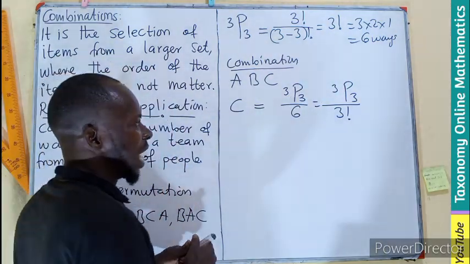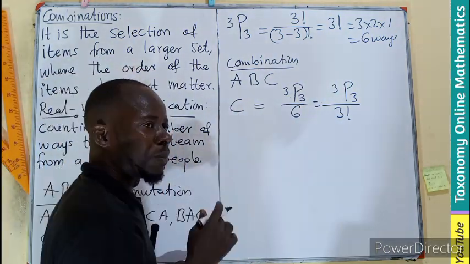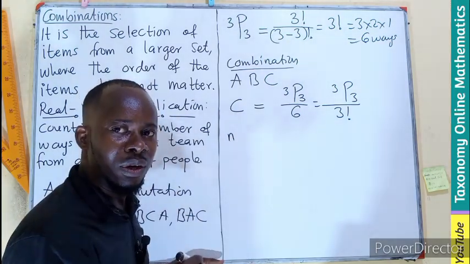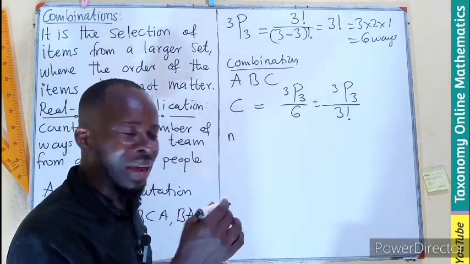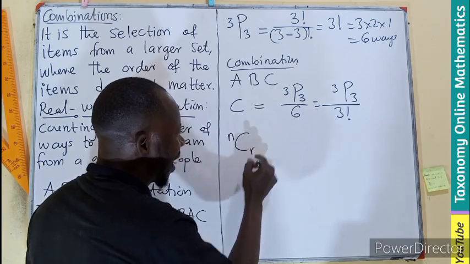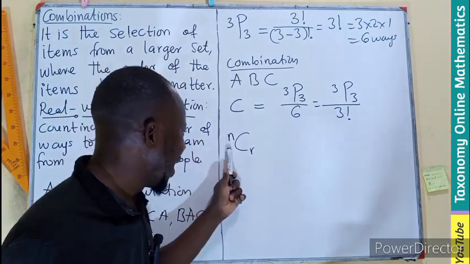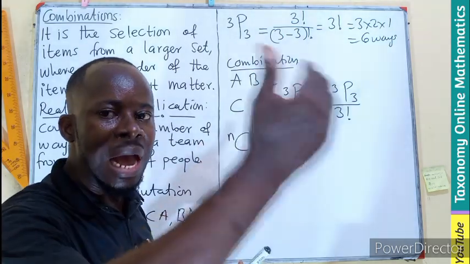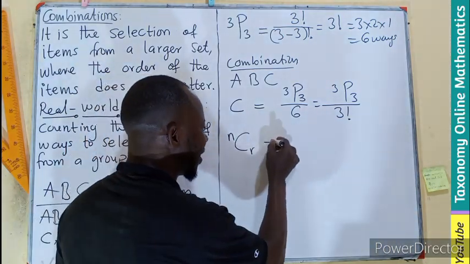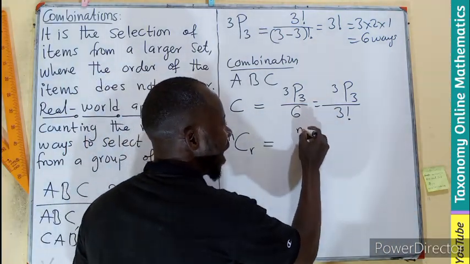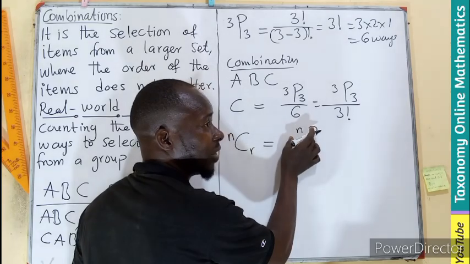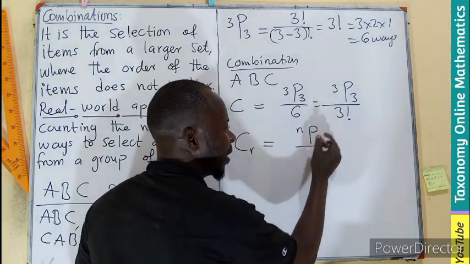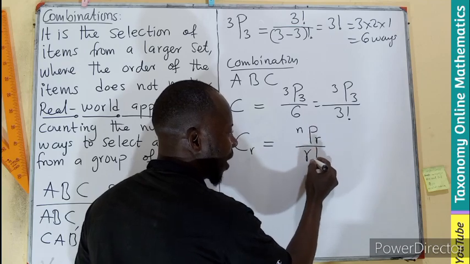Now, combination by definition is: I have n different objects I want to combine, then picking r at a time. This is n combination r, or n choose r. That simply means that I am going to deal with n different objects, which I am selecting r at a time, divided by the r factorial.